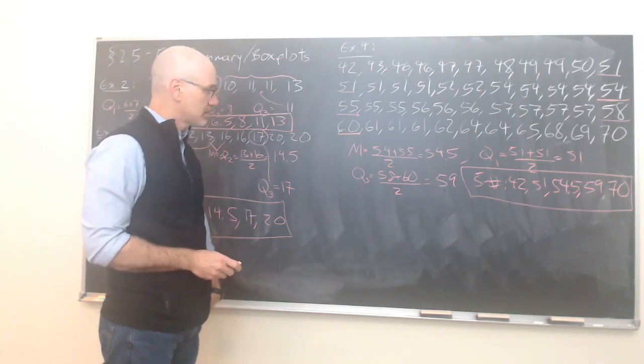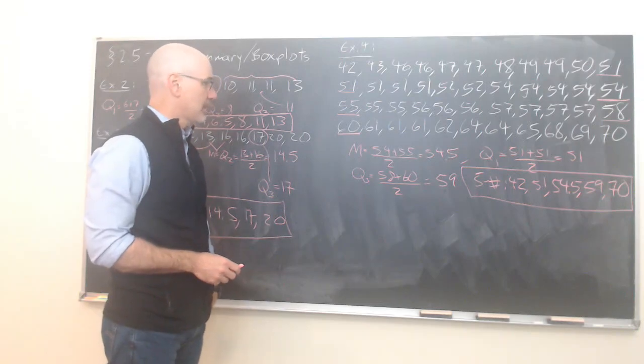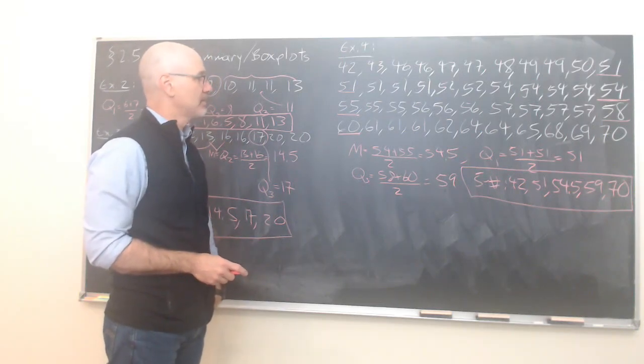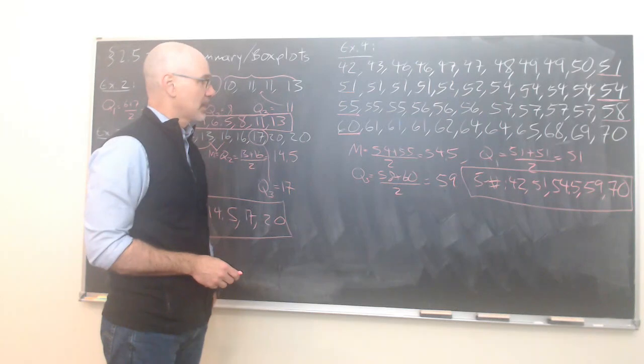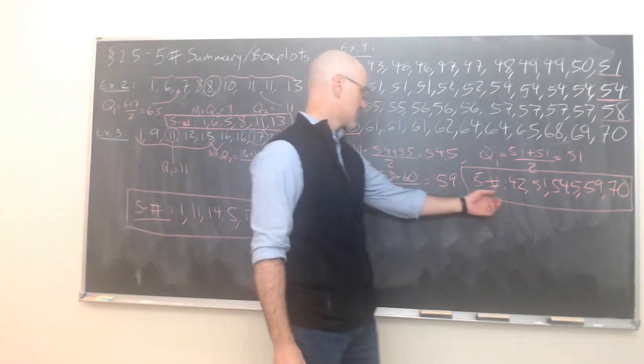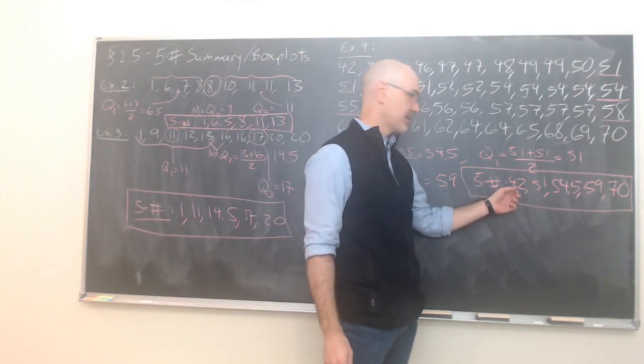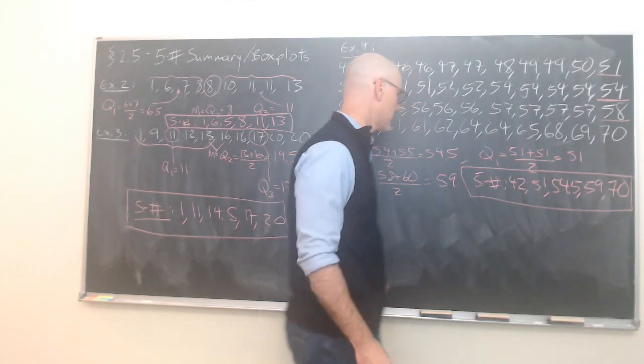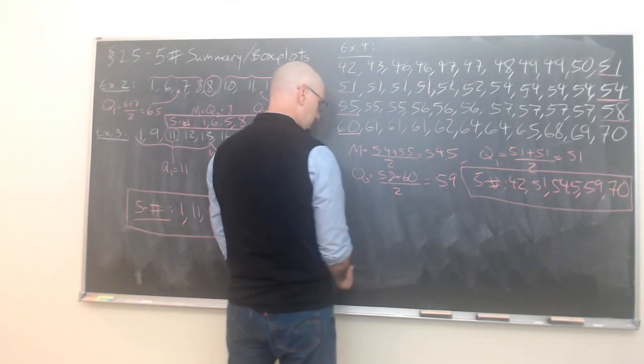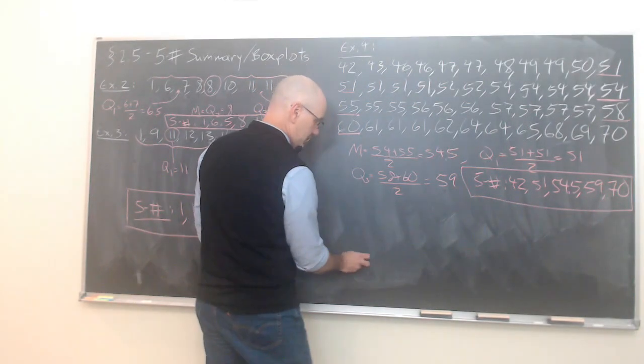All right. Now let's get a box plot of all of these ages, which is to say a picture of the 5-number summary. So we're going to have, let me get a number line here.